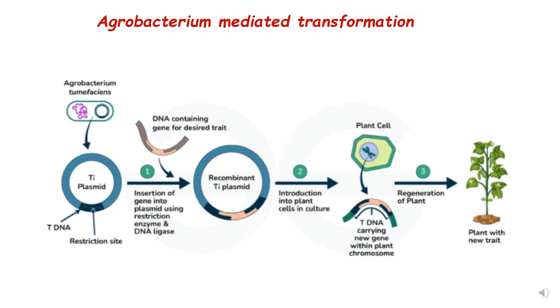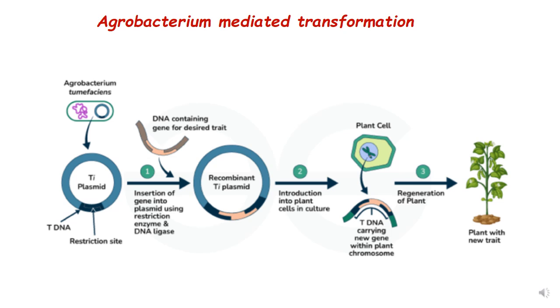So this is another picture which is showing that first step, where you see that the Agrobacterium tumefaciens Ti plasmid having tDNA and the DNA containing the gene of desired trait are combined to form a recombinant Ti plasmid.